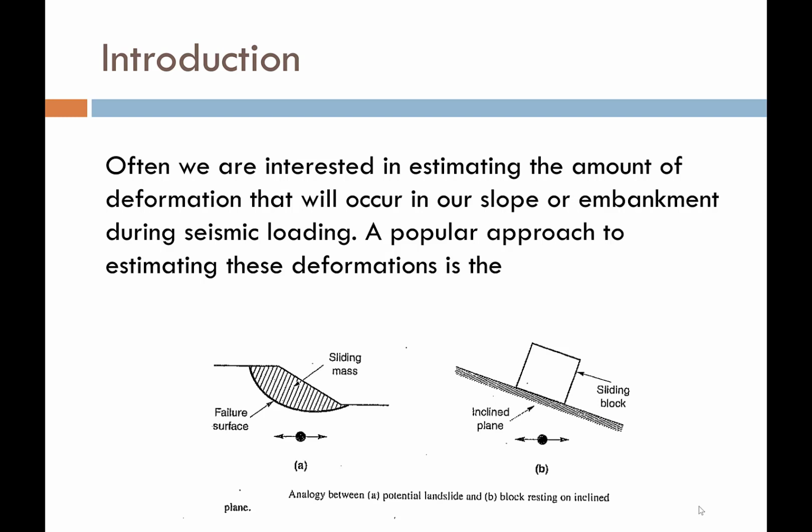Quite often, say we predict that a particular slope is going to move in an earthquake. The pseudostatic factor of safety was less than 1. So we know the slope is going to move in the earthquake event, but now we want to know how much it's going to move. A popular approach is the Newmark sliding block analysis.